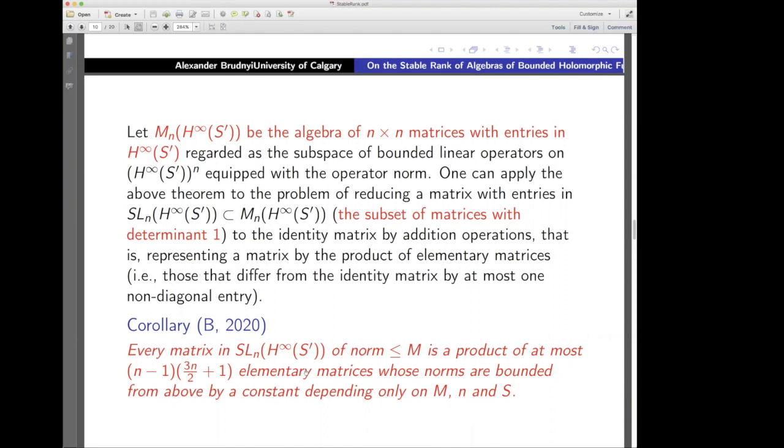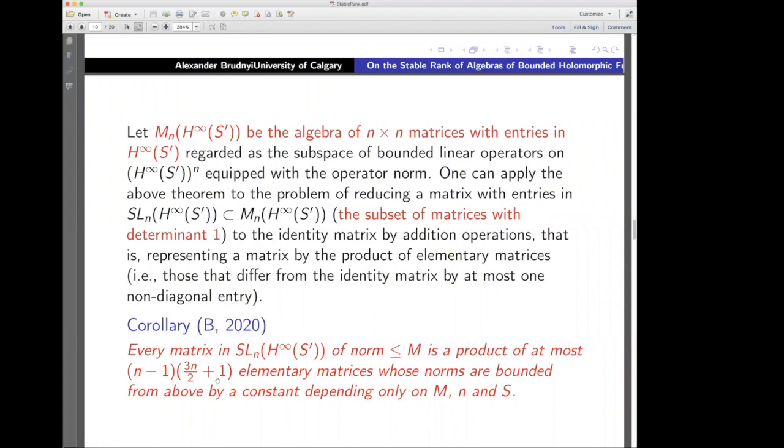Because without that, this is just the standard application of the fact that some algebra has Bass stable rank 1. So if it is true, then according to some classical result due to Dennis and Vaserstein, we obtain this product with (n−1)(3n/2+1) matrices.